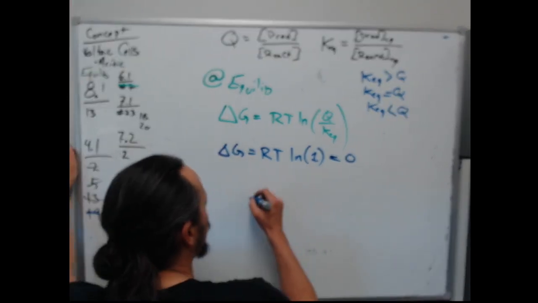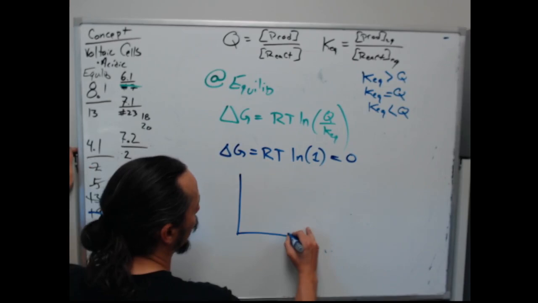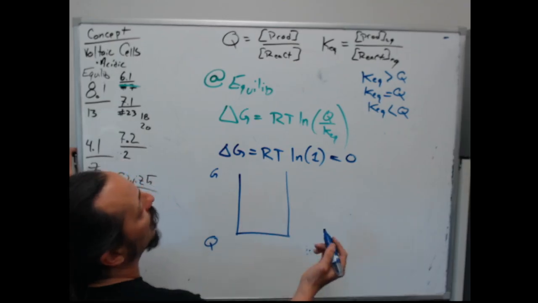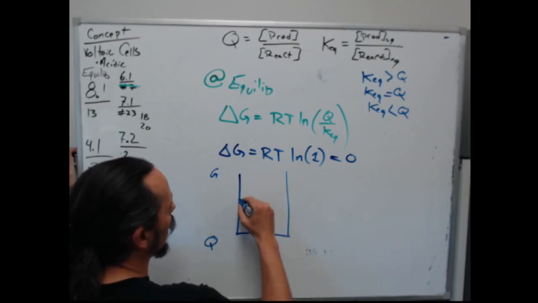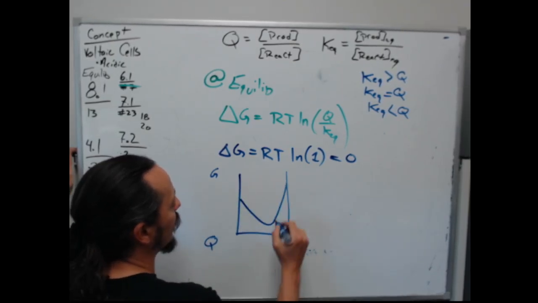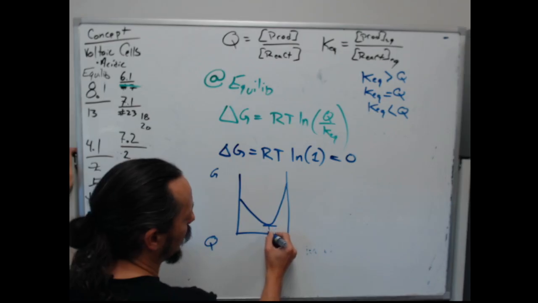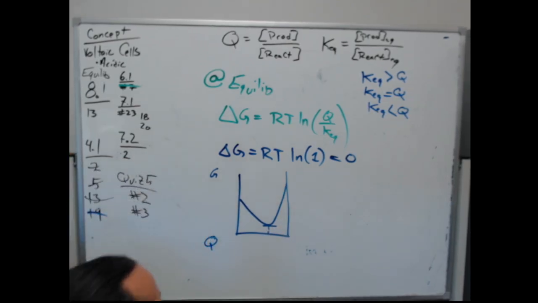In terms of our Gibbs plots, let's say this is what our plot looks like. We're going to be at this point. If we're at the bottom of the curve, the slope is 0, and delta G, non-standard, is like the slope along the curve.